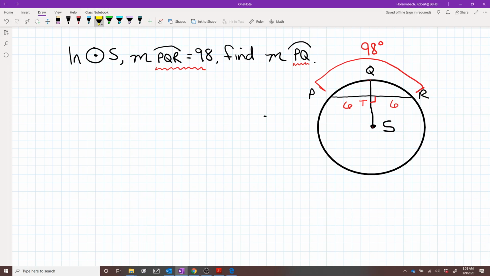So since QS is perpendicular to PR, QS splits this arc in half. It bisects it. So P to Q is the same as Q to R, and they're both half of the 98. So there's a 49 degrees and another 49 degrees. So your measure of arc PQ is equal to 49 degrees.